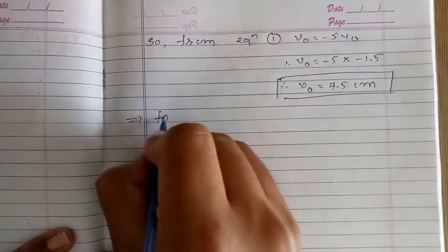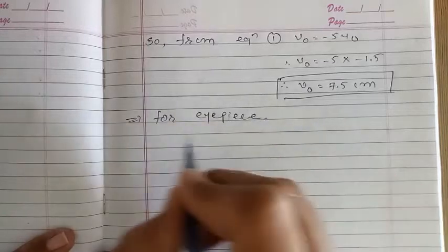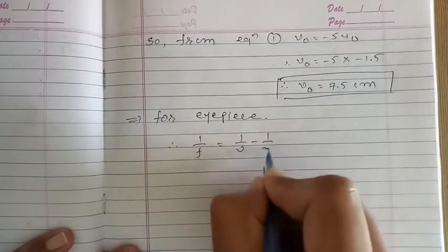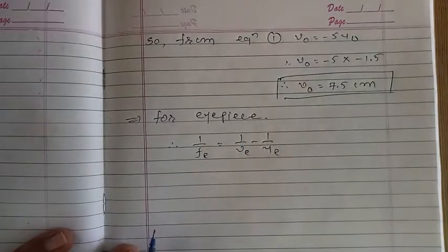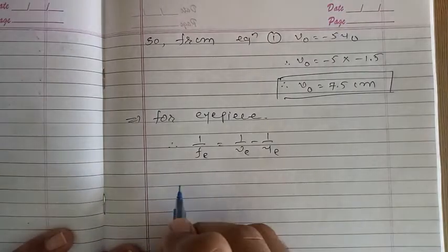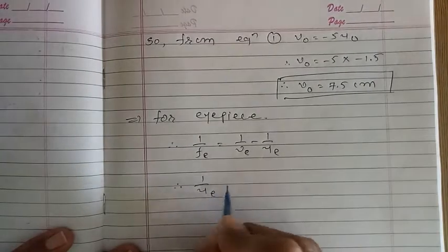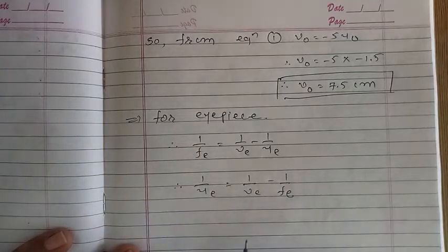So for eyepiece, 1 by F is equals to 1 by V minus 1 by U. But for eyepiece, FE, VE, UE. We have to find out the value of UE, right? So we get 1 by UE is equals to 1 by VE minus 1 by FE.